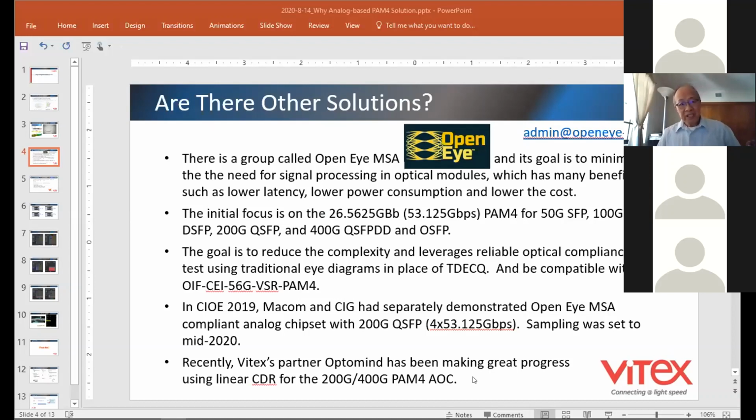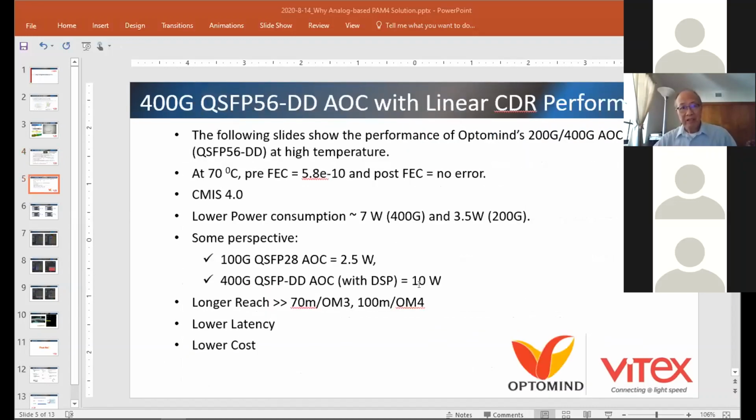So recently, our company's partner, called Optical, has made great progress using this linear CDR for 200G and 400G PAM4 AOC. And this page is a summary of the test results, and you will see the tests later on.